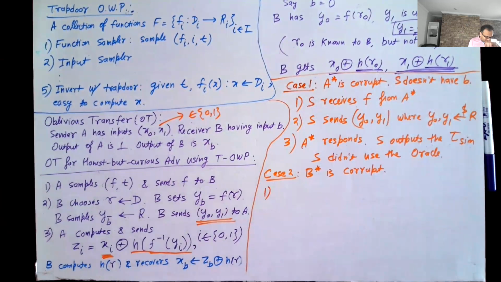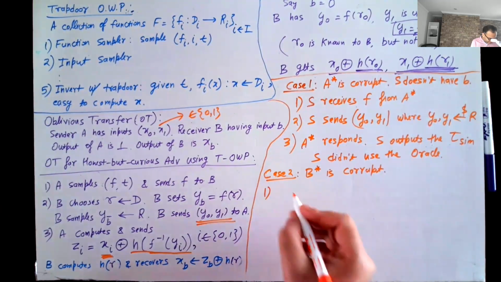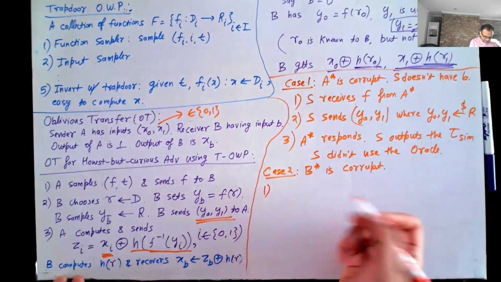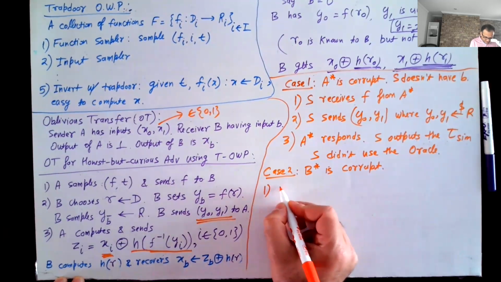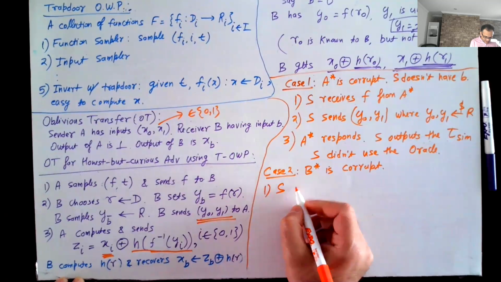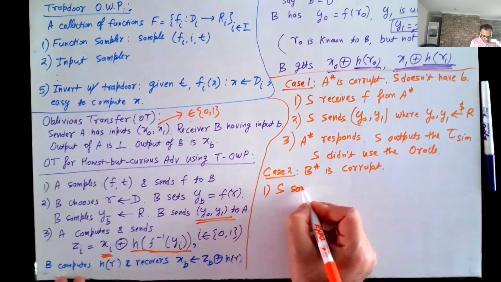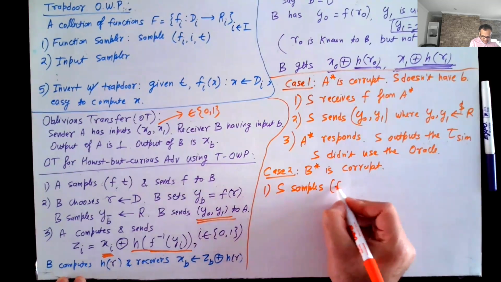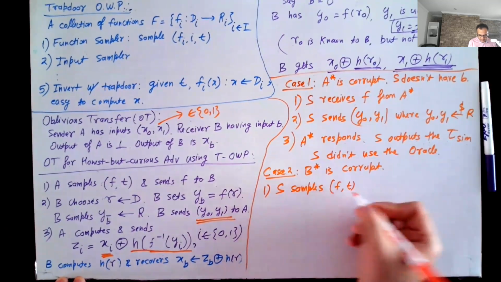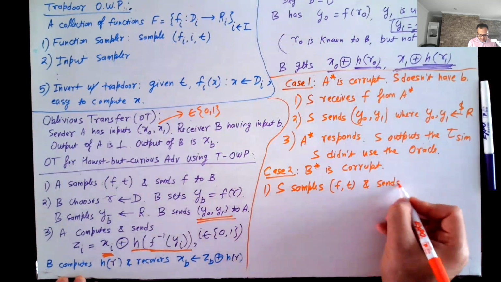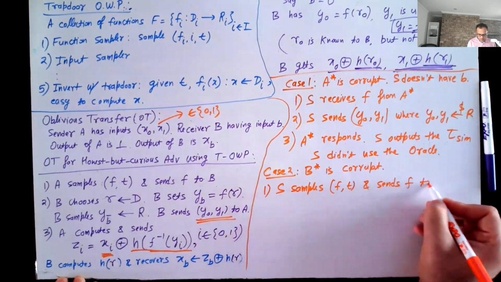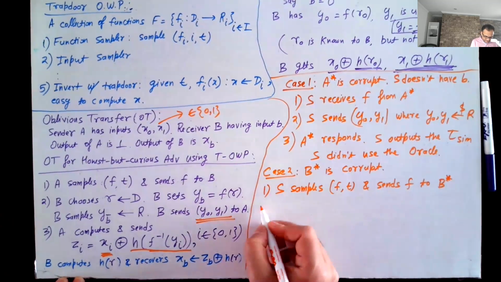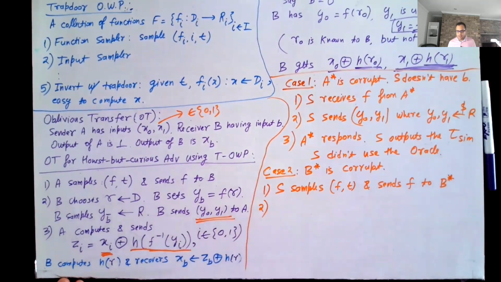Here the first message is honest: S just samples F and T and sends F to B star.